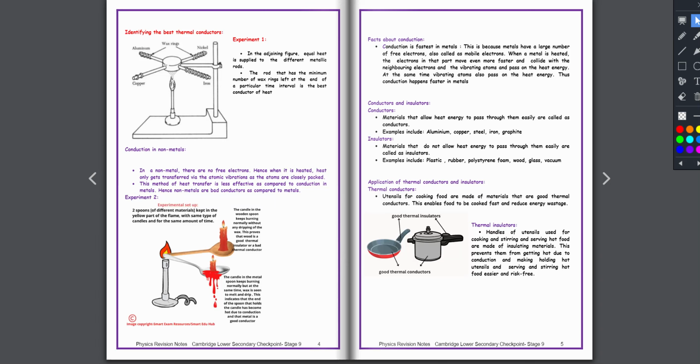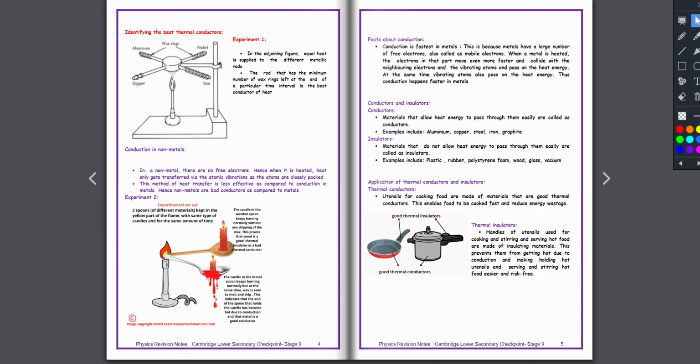Some rods might be made of copper, aluminum, zinc, iron, etc. So we need to test which metal is the best conductor. To make a fair test, equal amount of heat is supplied. Four rods are taken, and probably they have the same thickness, length, etc. Because again, that is important to keep in mind to make the test fair.